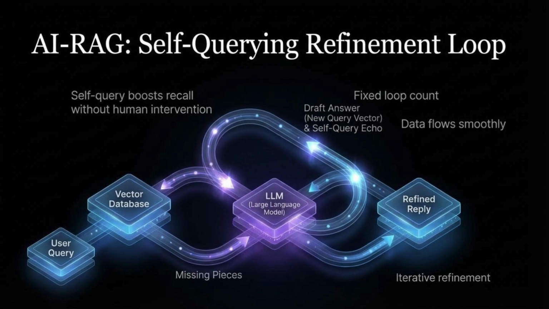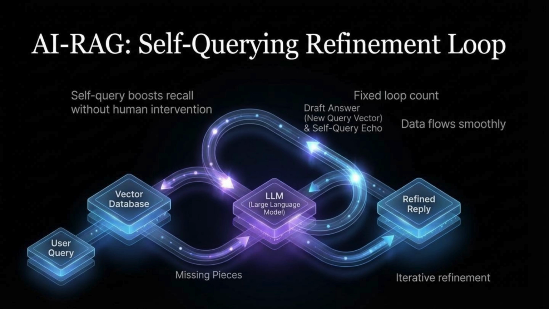Now, AI RAG improves on this by adding self reflection. Instead of stopping after one answer, the model evaluates its own response. If something is missing, the model generates a new internal query. That query is embedded again and sent back to the vector database.